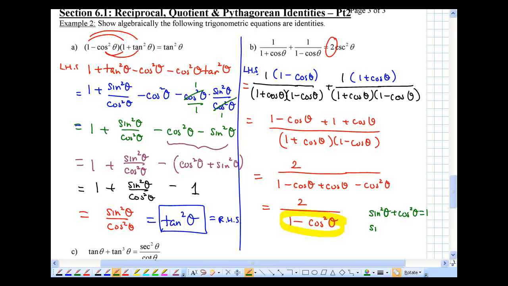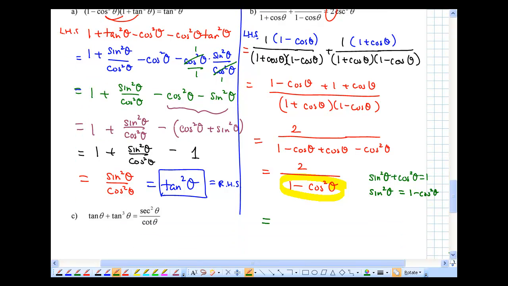Because if I were to move the cosine squared theta to the right-hand side, look at that. Sine squared theta is 1 minus cosine squared theta, and that's good for me because then I can rewrite this as 2 over sine squared theta, and that's great because that's the same thing as 2 cosecant squared theta, which equals my right hand side. Done!